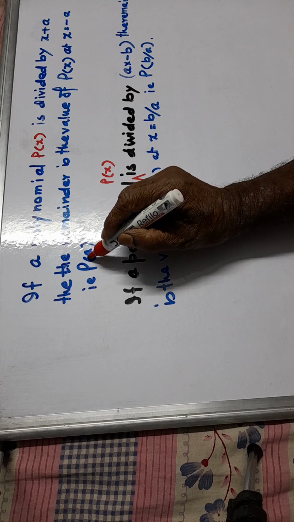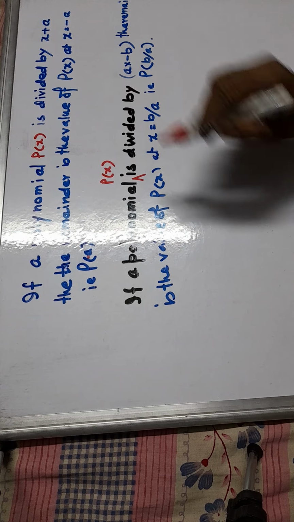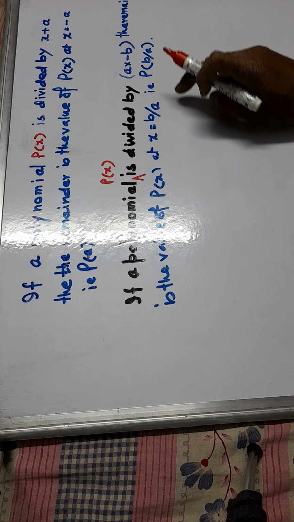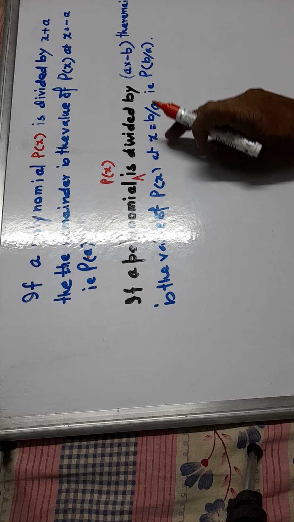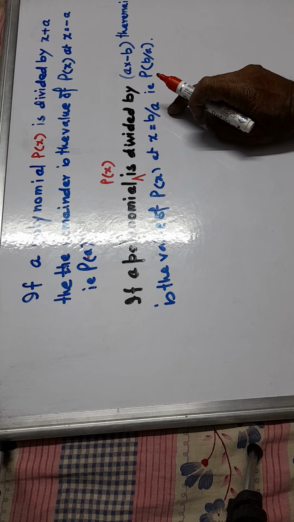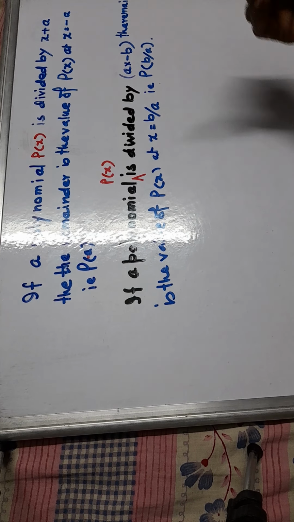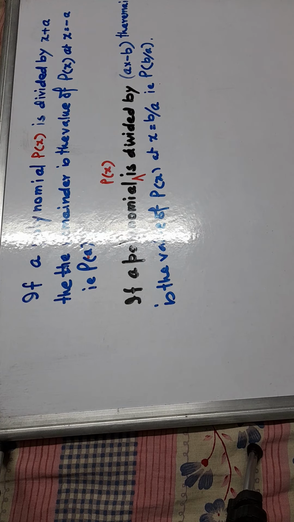Here it will be b by a. So p(x) at x equals b by a, that is p(b/a), will be the remainder.